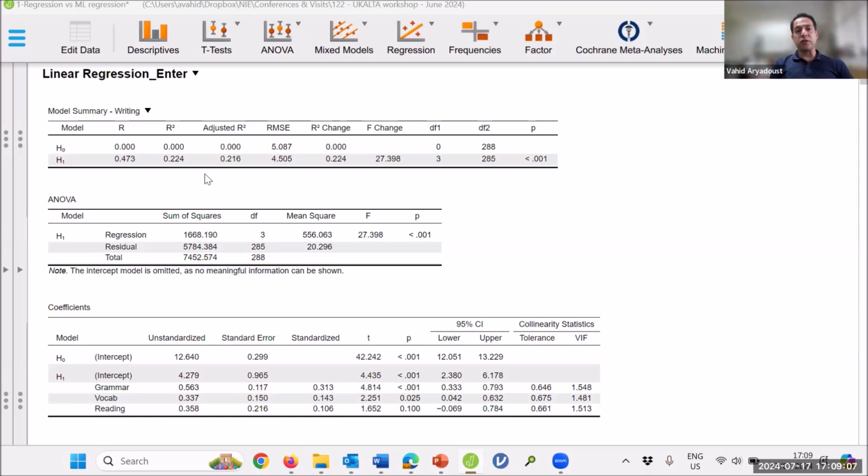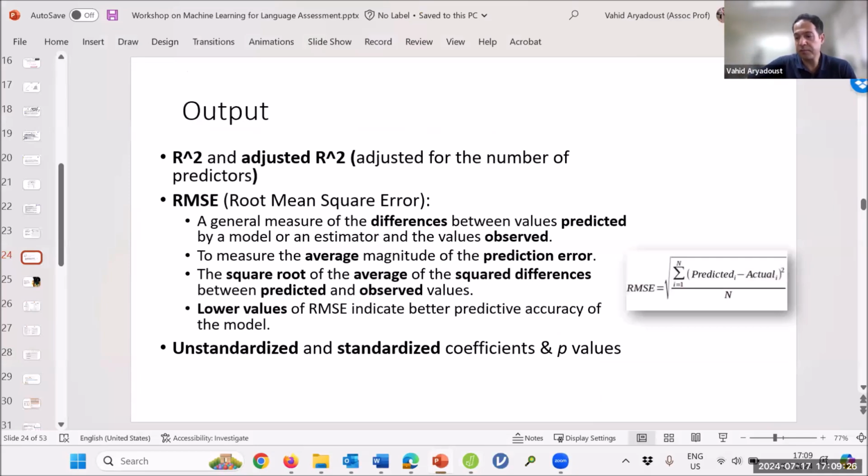R-squared is also known as the coefficient of determination. If you recall from correlation analysis, there's a coefficient of determination. This is the same thing. And how do we calculate the coefficient of determination? It's like this, everyone.